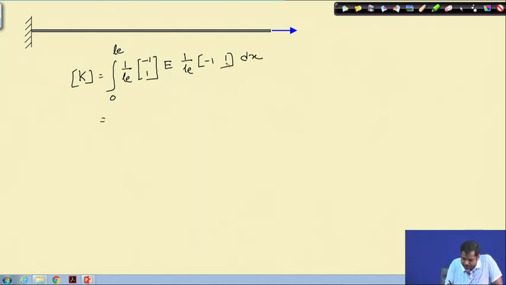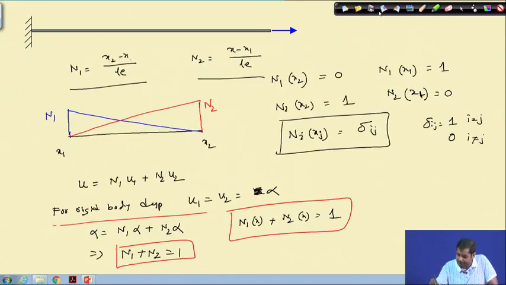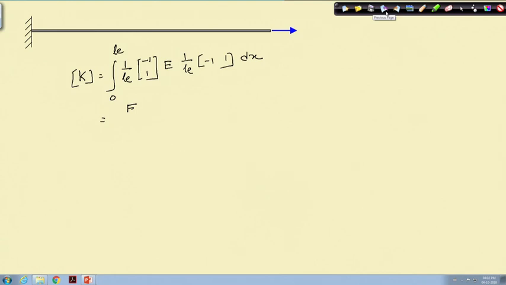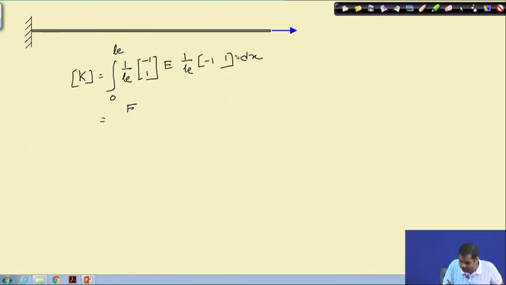Now, one more thing: since it is integration, this integration has to be over the entire domain. The entire domain in this case means the entire volume, that is, the cross-sectional area multiplied by the length. So we have to multiply by the cross section as well, A into dx.